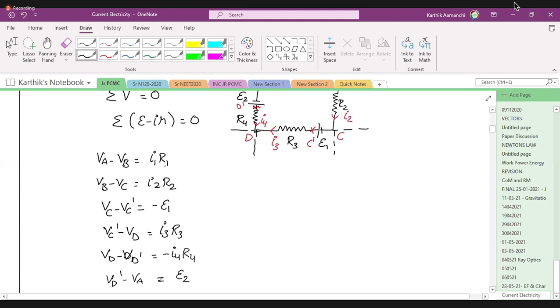If you add all these things, what happens? Minus VA and everything goes to 0. So I1 R1 plus I2 R2 minus epsilon 1 plus I3 R3 minus I4 R4 plus epsilon 2 will become 0.